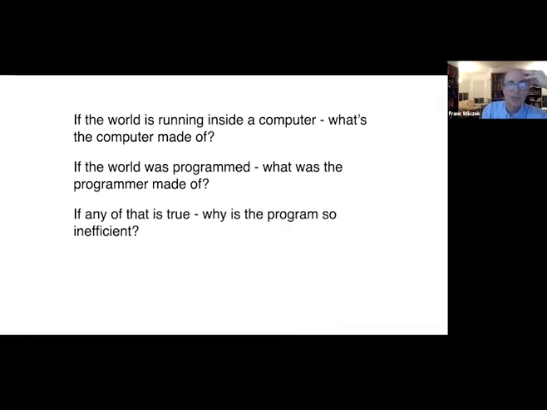And most of all, to me, if any of these ideas are true, why is the program so inefficient? The physical world that we inhabit has, as we saw in the case of protons, a lot of hidden complexity. Now, if you were programming a world, the last thing you'd want to do is make it out of objects that have a lot of hidden complexity.